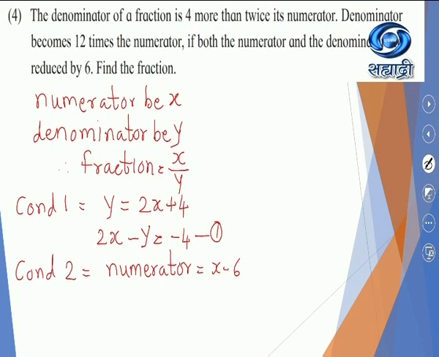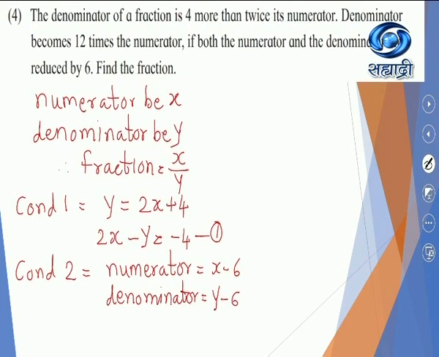Denominator is also reduced by 6. So it is y minus 6.